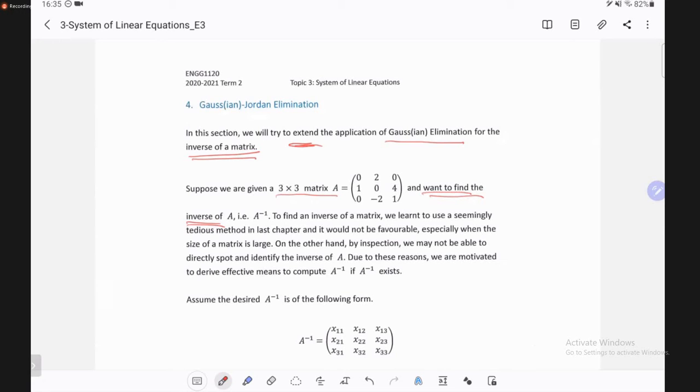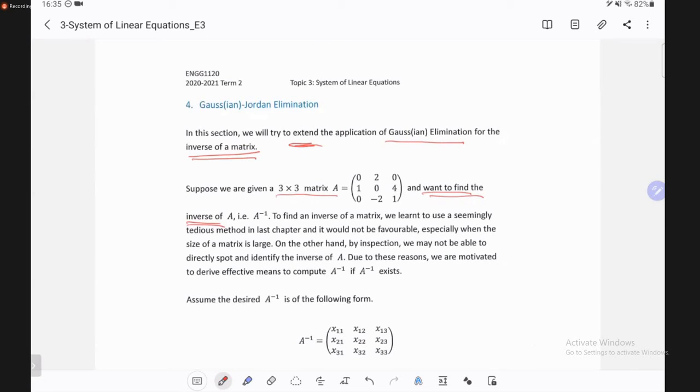Honestly, to me, I also think this method is quite tedious. And if the size of the matrix is particularly large, for example, a 10 by 10 matrix, 12 by 12 matrix, or something even bigger, but let's forget this, even the 10 by 10 matrix gives you a headache, right?